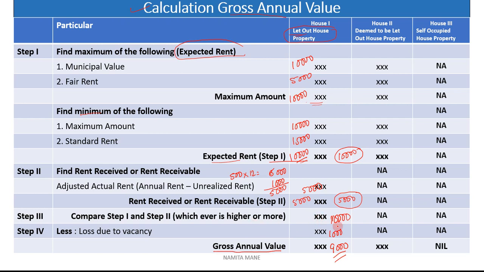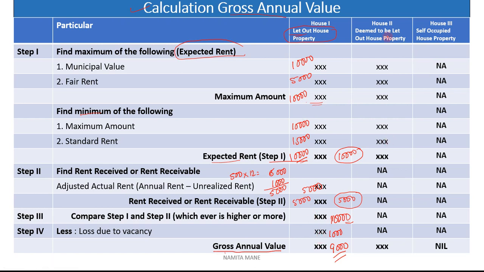Whichever is higher, write in step number 3, and from that amount less the loss due to vacancy, that is step number 4, and the final amount you will get, 9,000, will be called the gross annual value.